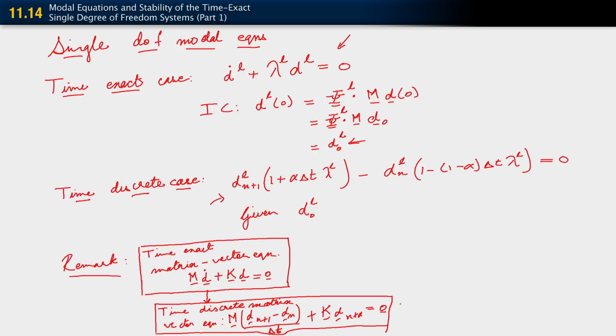Okay, what we did then is two things. From md dot plus kd equals 0, we went to our single degree of freedom, SDOF for single degree of freedom, modal equation. Right, this is the time exact version, right?